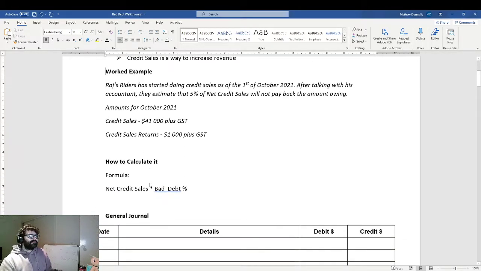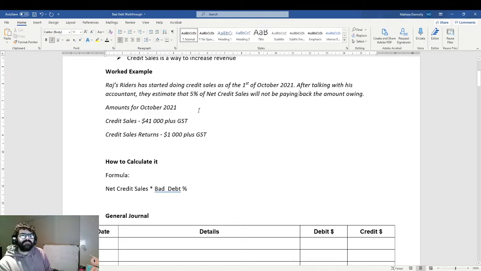So we've got a worked example, and we're going to read the italics, and then we're just going to work through it. Raj's Riders has started doing credit sales as of the 1st of October 2021. After talking with his accountant, they estimate that 5% of net credit sales will not be paid back, paying back the amount owing. This is why I do accounting, not English, by the way.